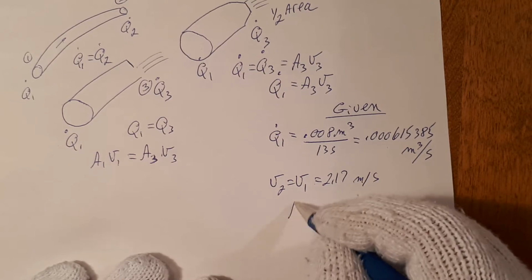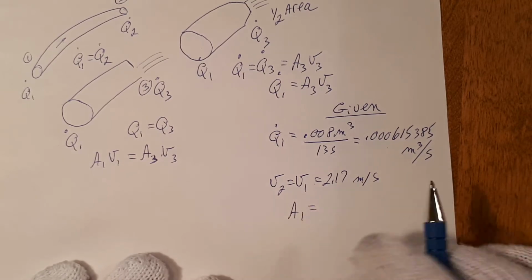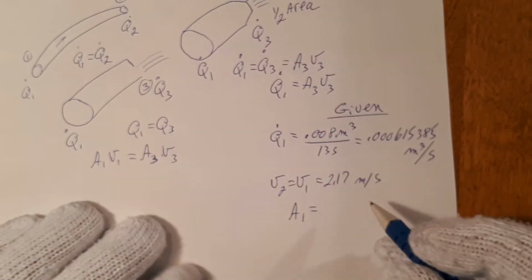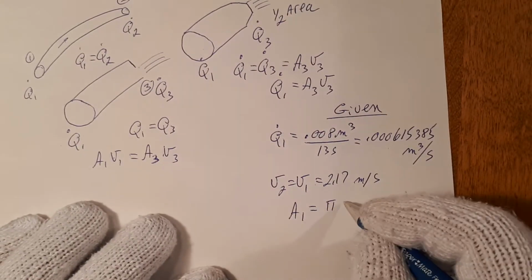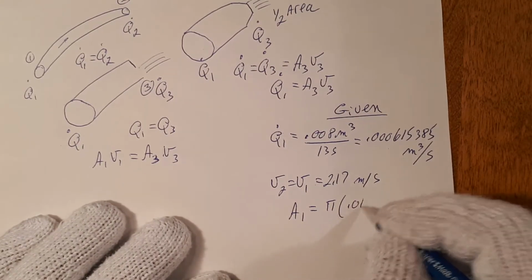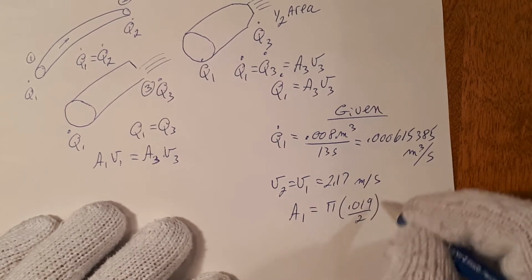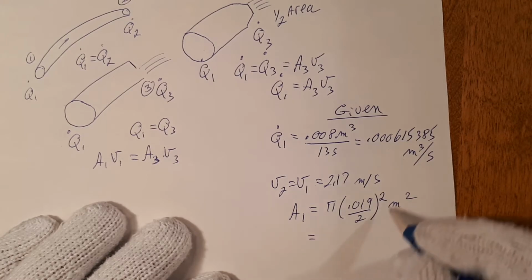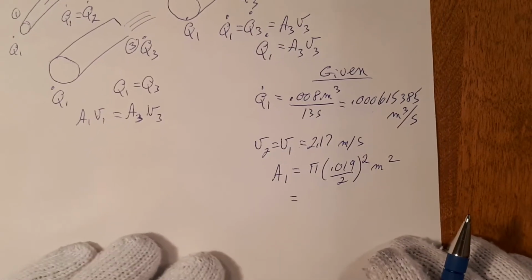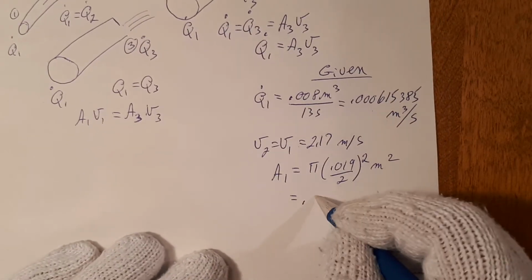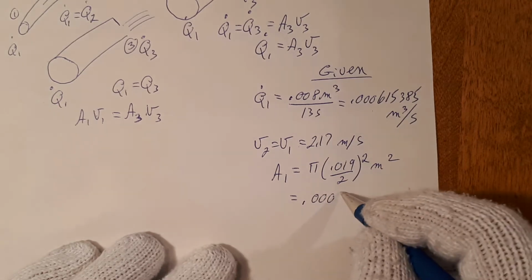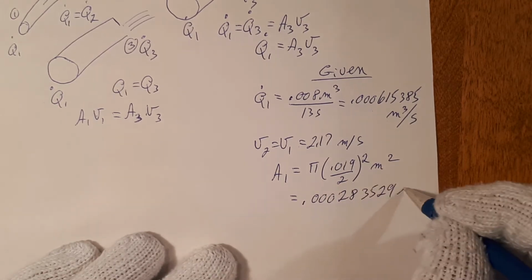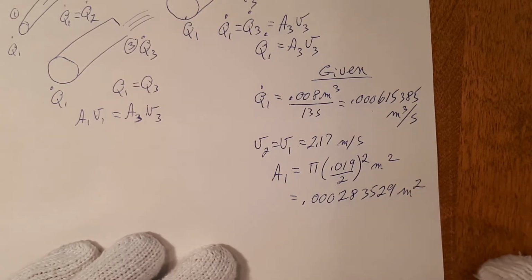Area 1 is this area, the cross-sectional area. That is equal to pi times 0.019, everything divided by 2, all squared, pi r squared. And let's put this on our calculator and arrive at a number, 0.000283529 meters squared.